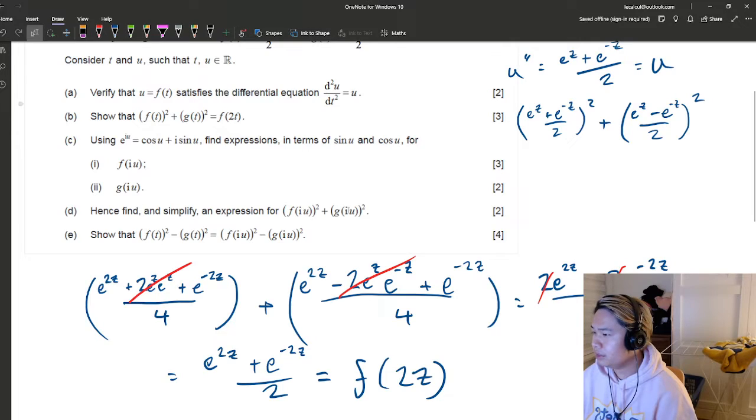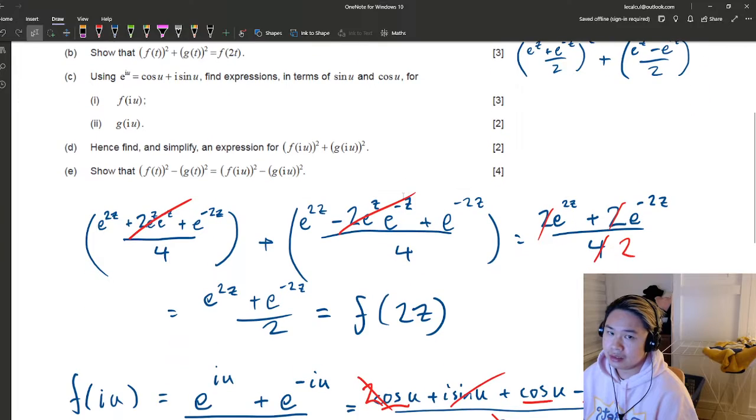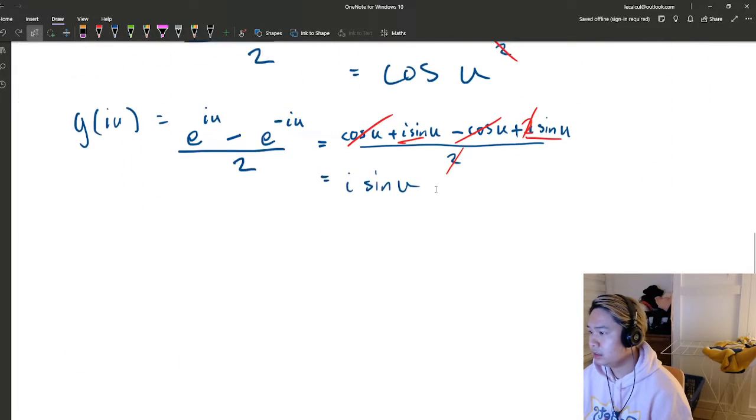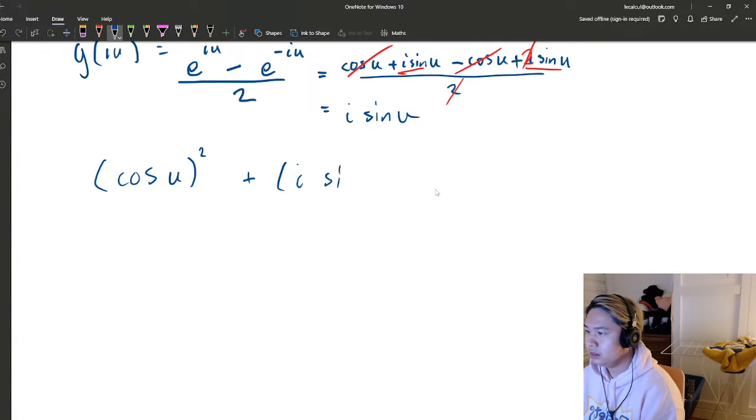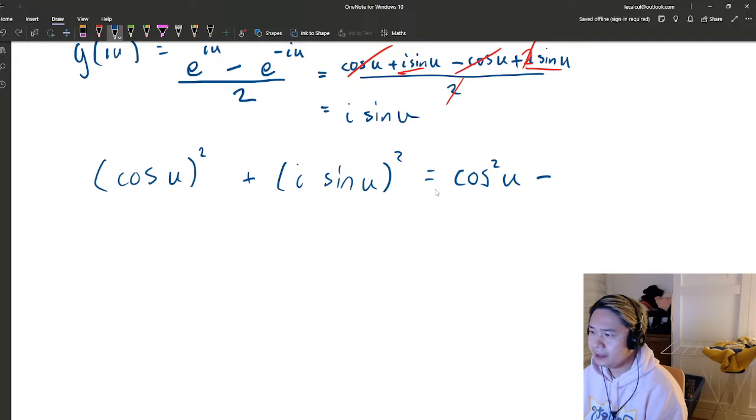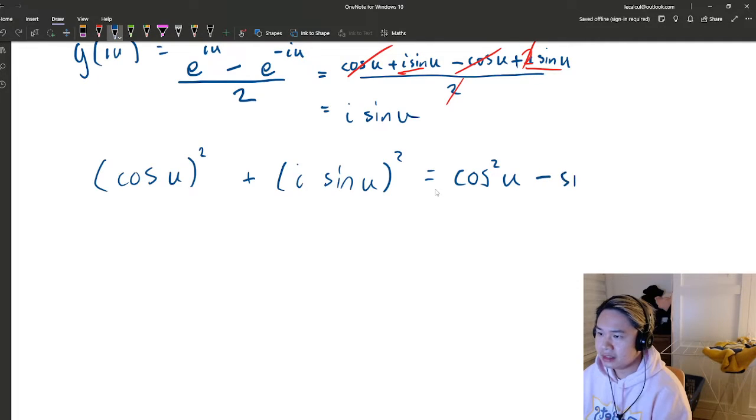Hence, simplify and find an expression for f of iu squared plus g of iu squared. Okay. So that's going to be cosine u squared plus i of sine u squared. So we just have cosine 2u, and then basically minus sine squared u.